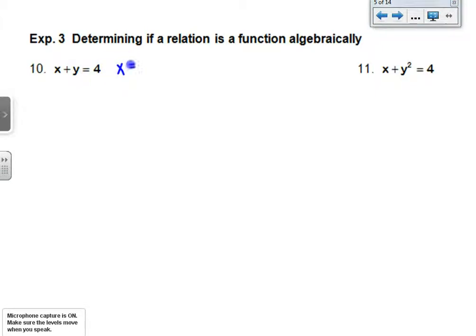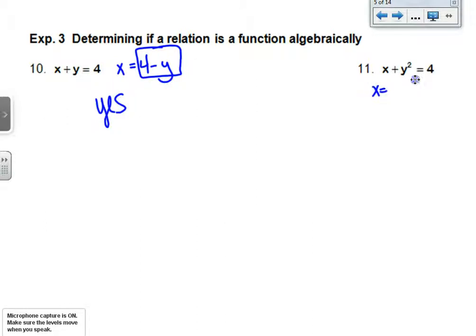Sometimes if you solve for x, that helps you realize what's going on, so that would be y minus 4. So whatever number I come up with for x, if I plug it into this recipe, it's only going to come out with one output value. So yes, this is a function. The other idea is you could think of a visual interpretation. This would be a line. Doesn't matter what it looks like, but it's a diagonal line that's going to pass the vertical line test.